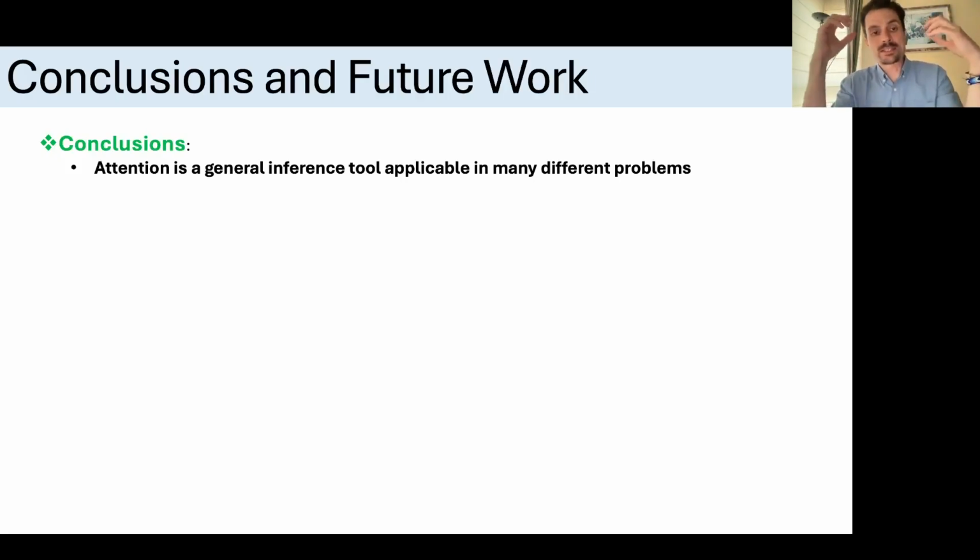We looked at attention from a general perspective, beyond the standpoint of large language models. We found that attention mechanisms can be applied in a broader family of problems that share some formal features in common.